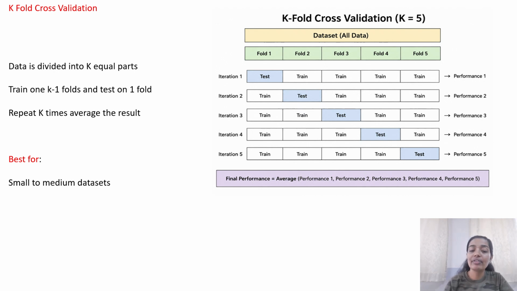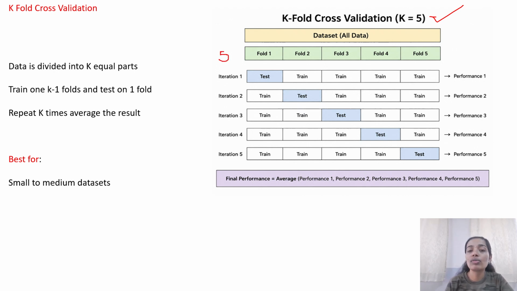In this example, we have considered the value of k as 5. That means the data set will be divided into 5 equal parts. Let us say we have 25 points in our data set and the value of k is equal to 5. That means in every fold we will have 5 data points.